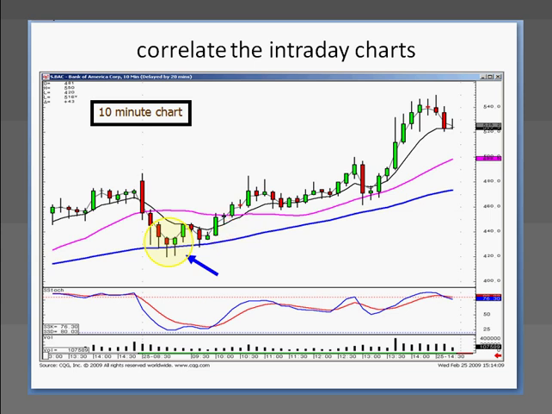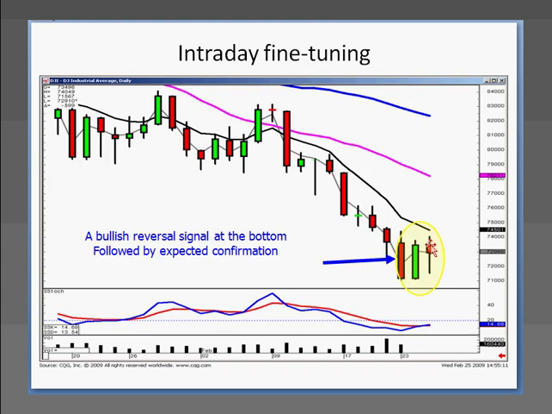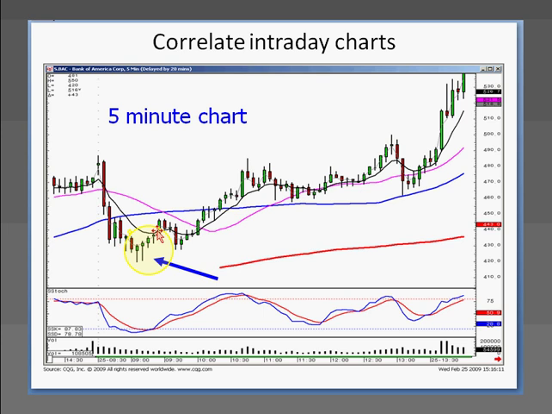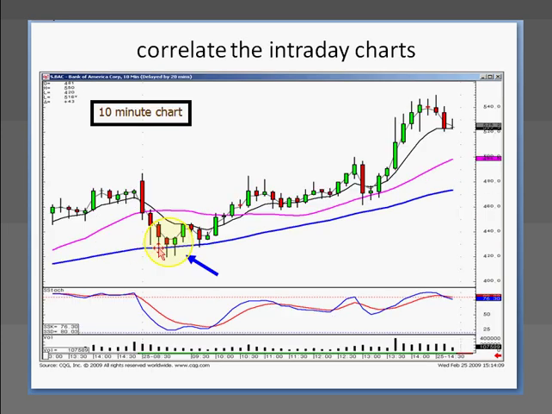You can be buying here and maybe getting a better execution down here. And the same scenario with the 5-minute chart. If you see the 5-minute chart coming back up and you're starting to show support on your 10-minute chart, that makes it a little bit easier to be buying intraday.